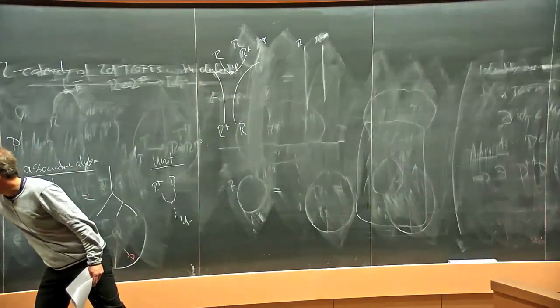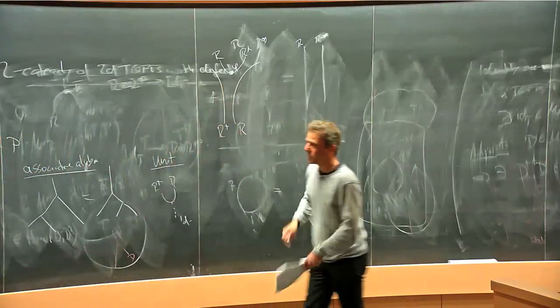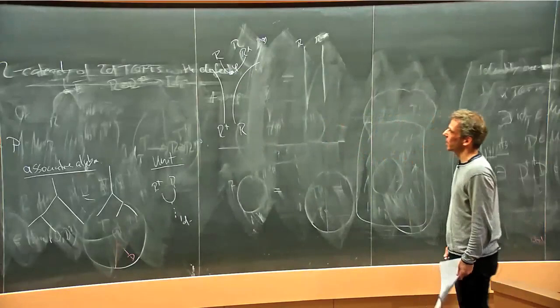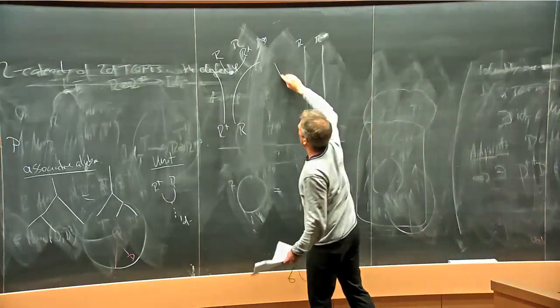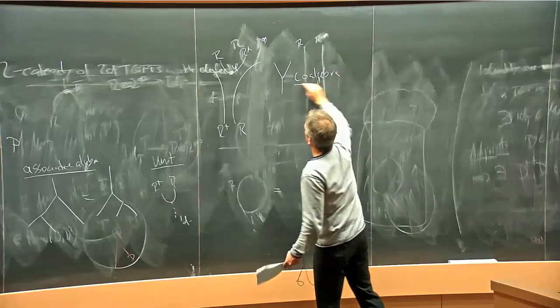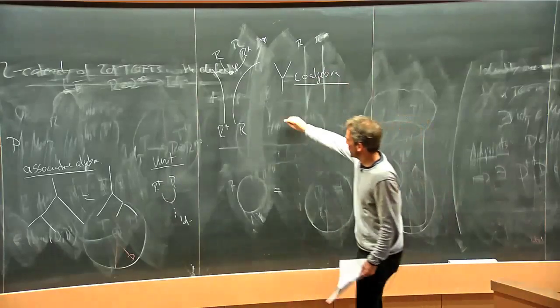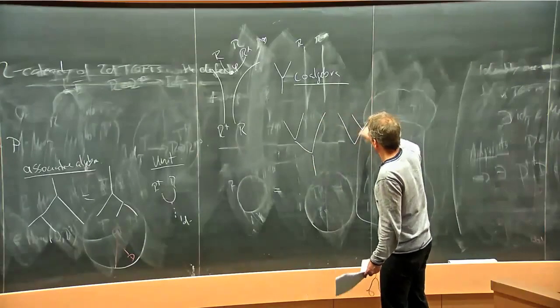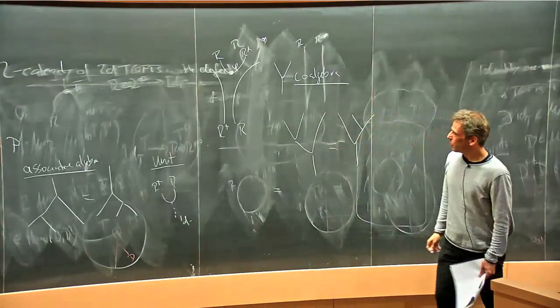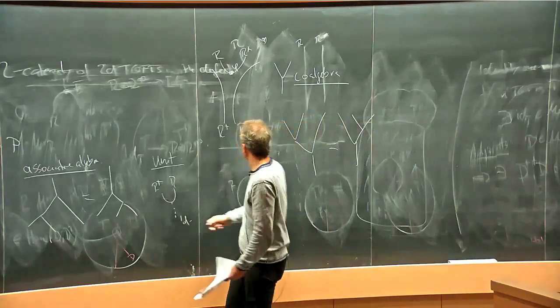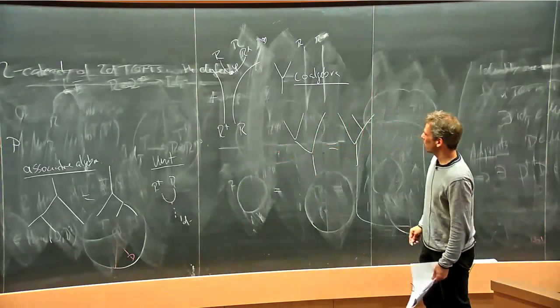So here you really have the evaluation map. But on the downward things, you only have this morphism phi. Okay, so this gives you a co-algebra structure. And again, this co-algebra structure is co-associative for the same reasons. If you look at this in the ribbons, you can deform all the ribbons as you like, and you get the co-associativity.